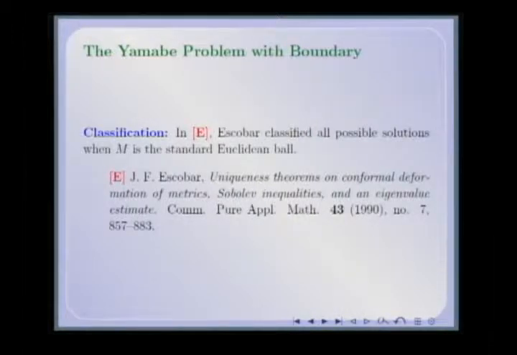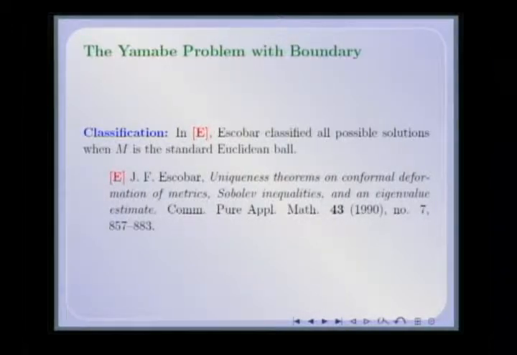He proved that if we have a solution to the above problem, where M is the standard Euclidean ball, and we fix the scalar curvature to be constant and the mean curvature of the boundary to be constant, then it has to be a geodesic ball of one of the space forms.